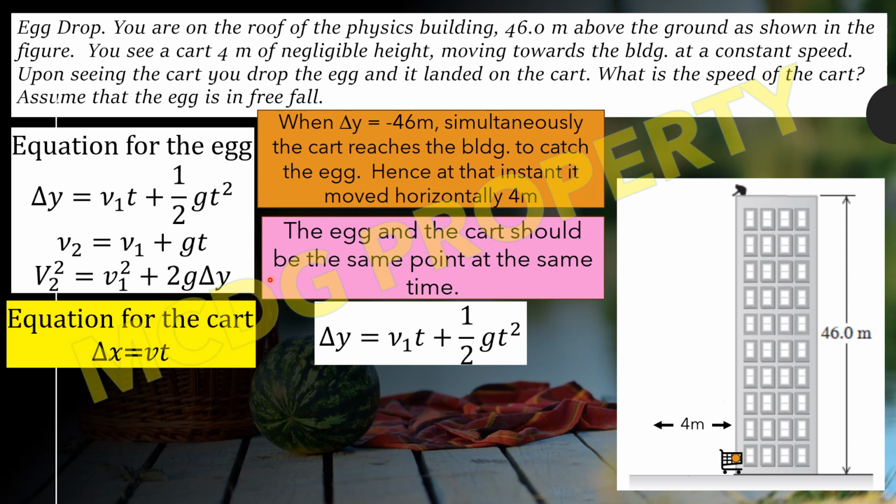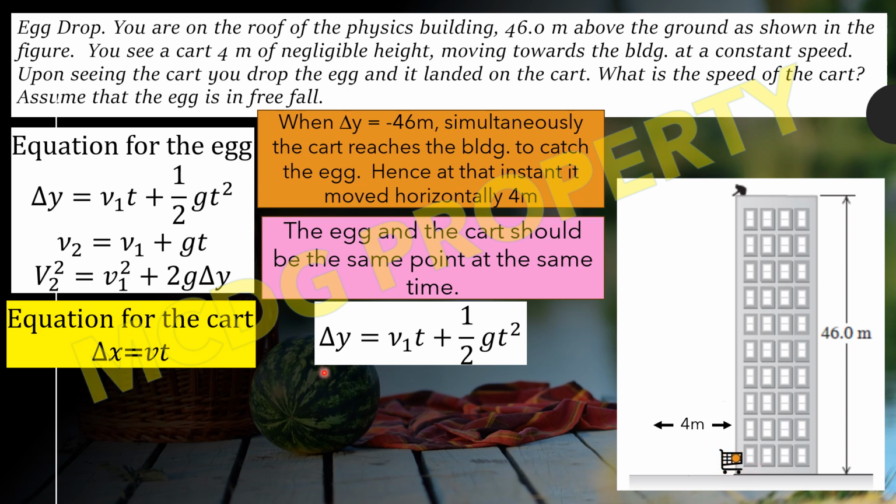So to get the velocity of the cart, delta x is equal to Vt, so V is equal to delta x over time. We know delta x, the distance moved by the cart horizontally, is 4 meters. So to solve for V, we need the time that the cart needs to reach this point to catch the egg.